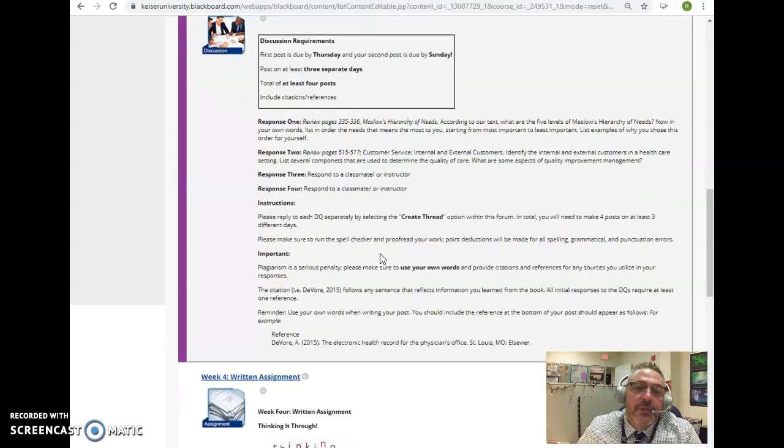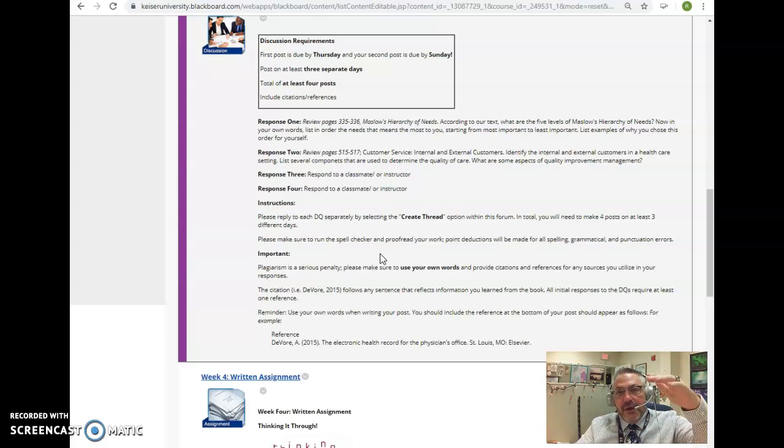Your discussion question this week, the first response asks you to review pages 335 through 336, where you'll see Maslow's hierarchy of needs. According to our text, what are the 5 levels of Maslow's hierarchy of needs?